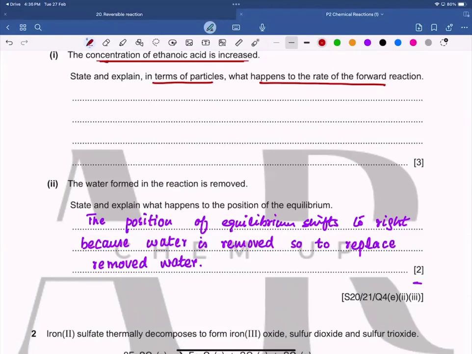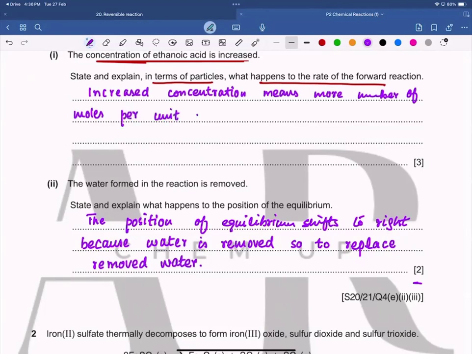As they say, if you see over here, the concentration of ethanoic acid is increased. So you will write: increased concentration means more number of moles per unit volume.